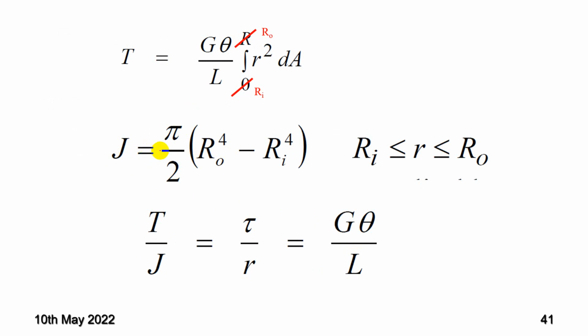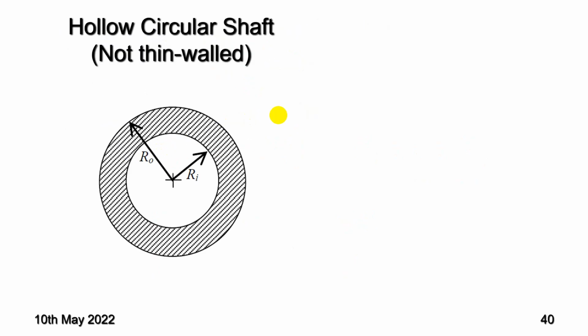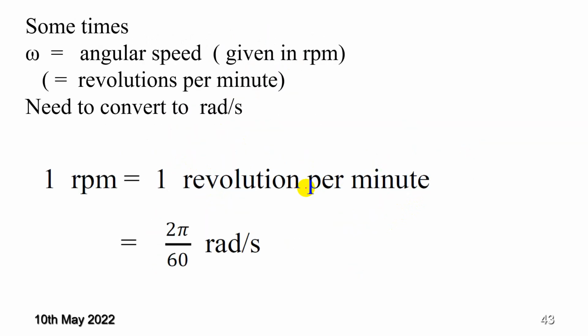That is for non-thin shafts. Non-thin means R over T less than 10, where this is thickness T and the radius R, and it is hollow.